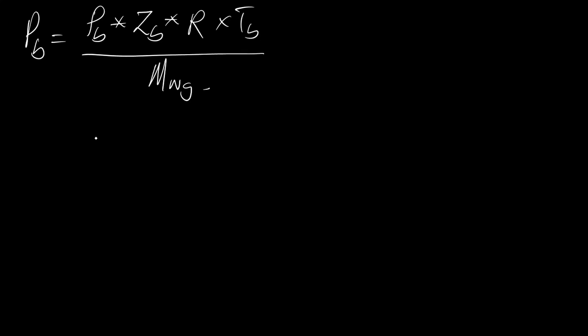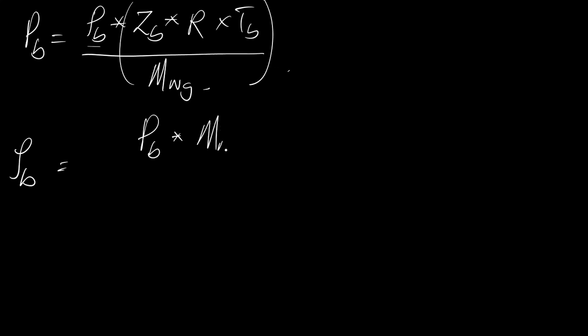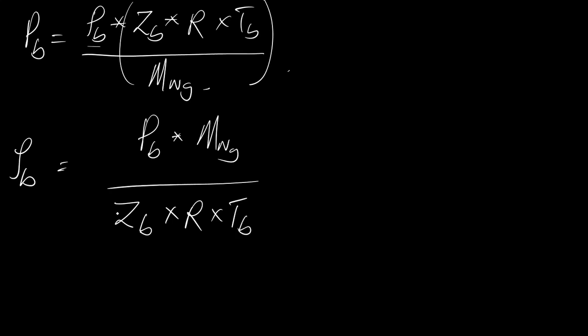Now, making density the subject of the formula, we divide both sides of the equation by the whole of this expression. You have density equal to the pressure at standard condition times molecular weight, divided by Z at standard condition times the gas constant times the temperature at standard condition.